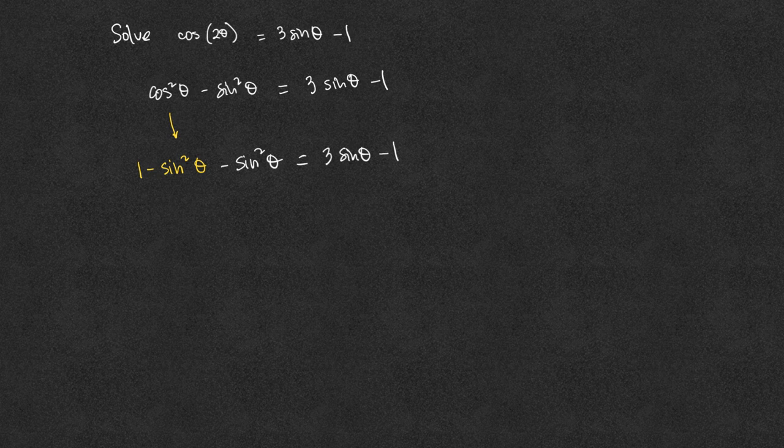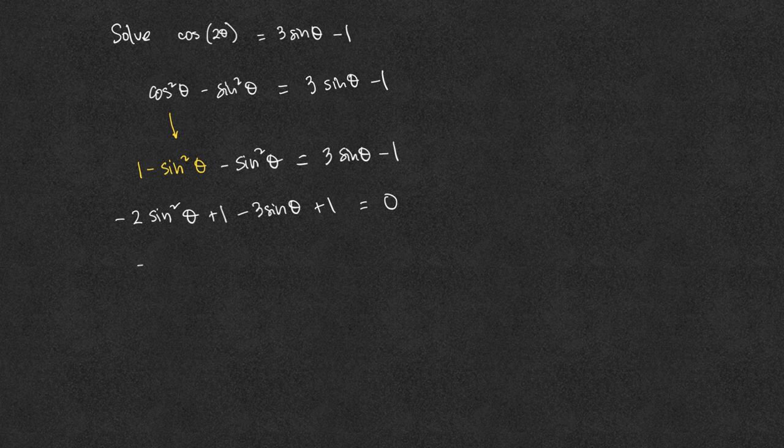The left-hand side is negative 2 sine squared theta plus 1. We move 3 sine theta to the left-hand side by subtracting 3 sine theta from both sides of the equation to get negative 3 sine theta on the left-hand side. And we move negative 1 to the left-hand side by adding 1 to both sides of the equation.